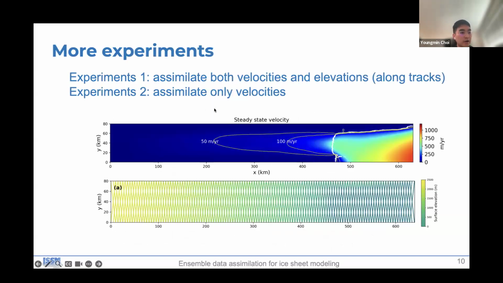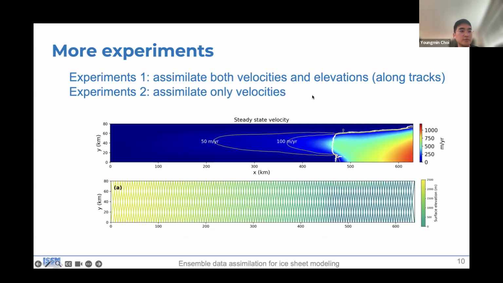So now we see that the ensemble Kalman filter can recover parameters and the model state. We try to see the impact of the observations being assimilated. So we set up one more experiment, where we assimilate both velocity and surface elevation data, and the other one assimilates only velocity data into the model.